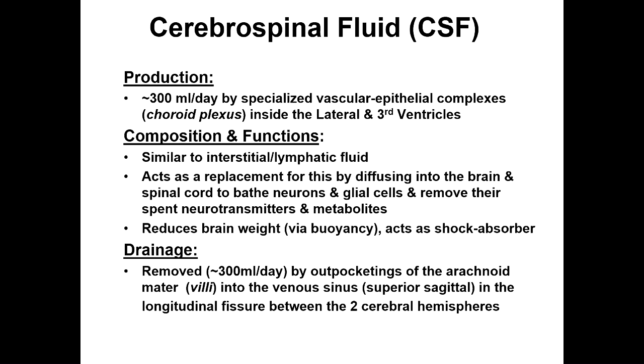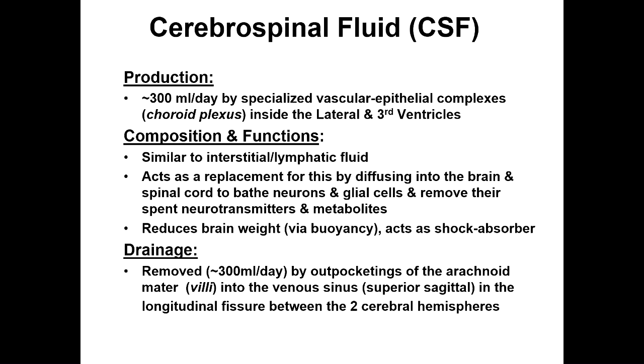And you produce on average about 300 mils or milliliters of CSF every day. As a student said to me a couple of years ago, "Oh, that's about a Coke can, isn't it?" And I said, "Yeah." So you produce about a Coke can's worth of cerebrospinal fluid every day. As you'll see, you get rid of about a Coke can's worth as well.